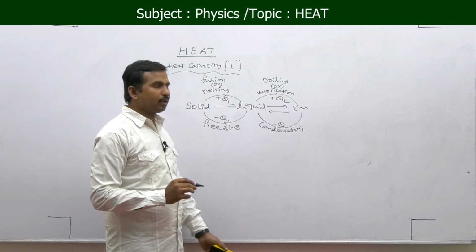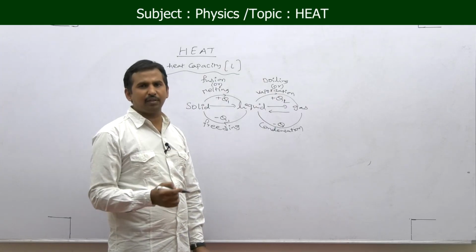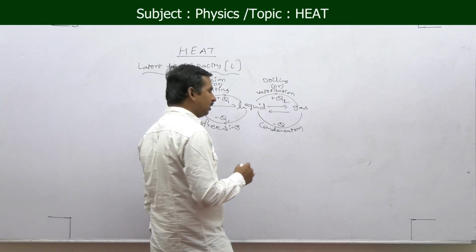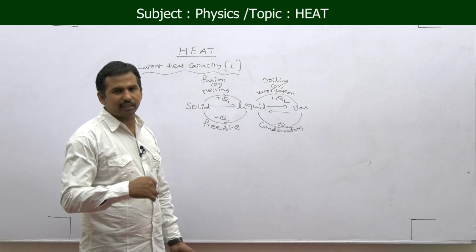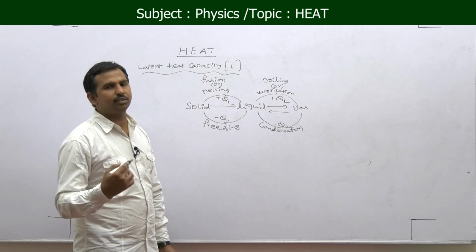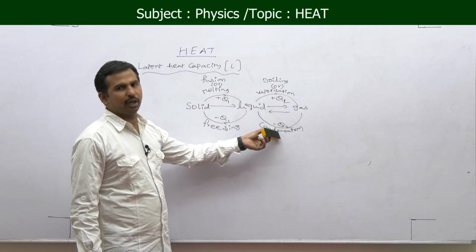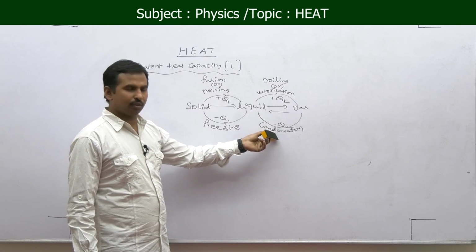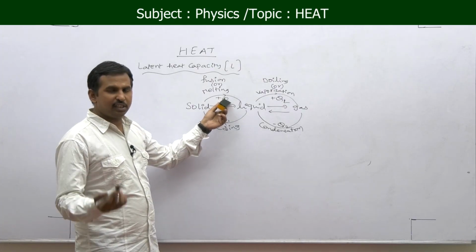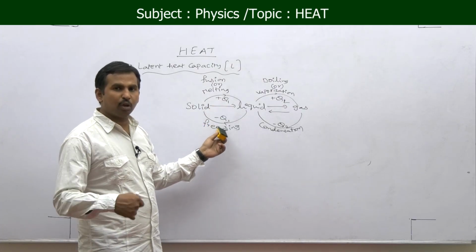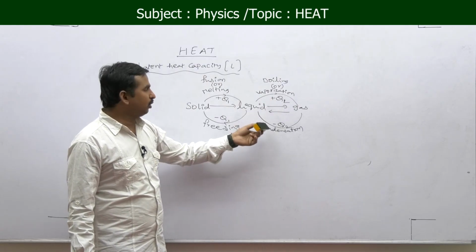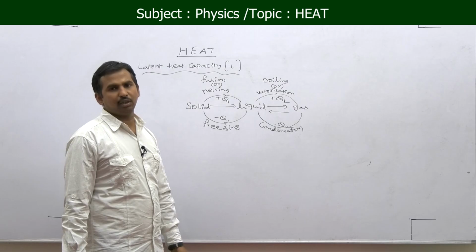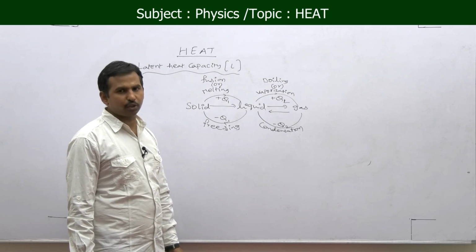While coming back, gas becoming liquid gives back the same amount, minus Q2. So Q1 is what it takes and minus Q1 is what it gives back; again Q2 is what it takes, and Q2 is the amount of heat energy given out during condensation.